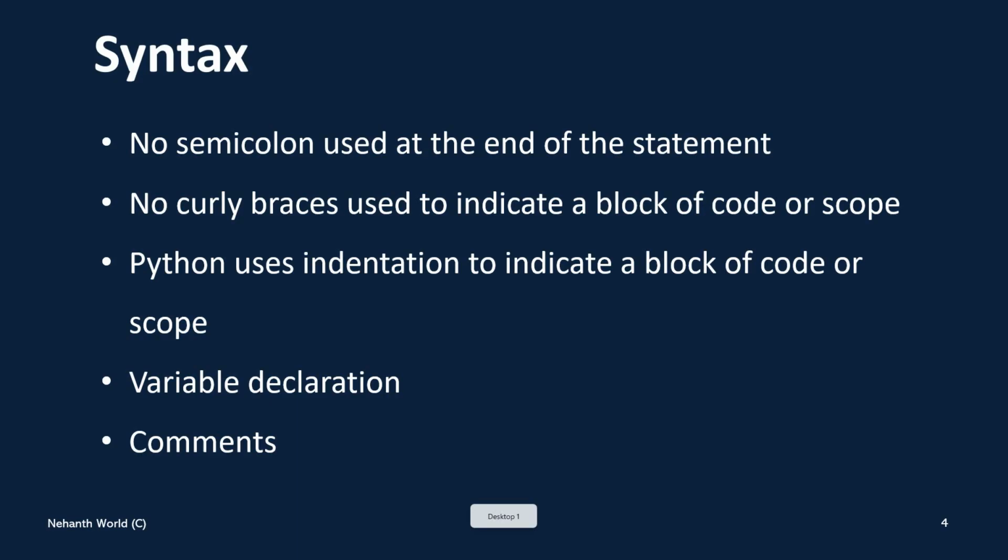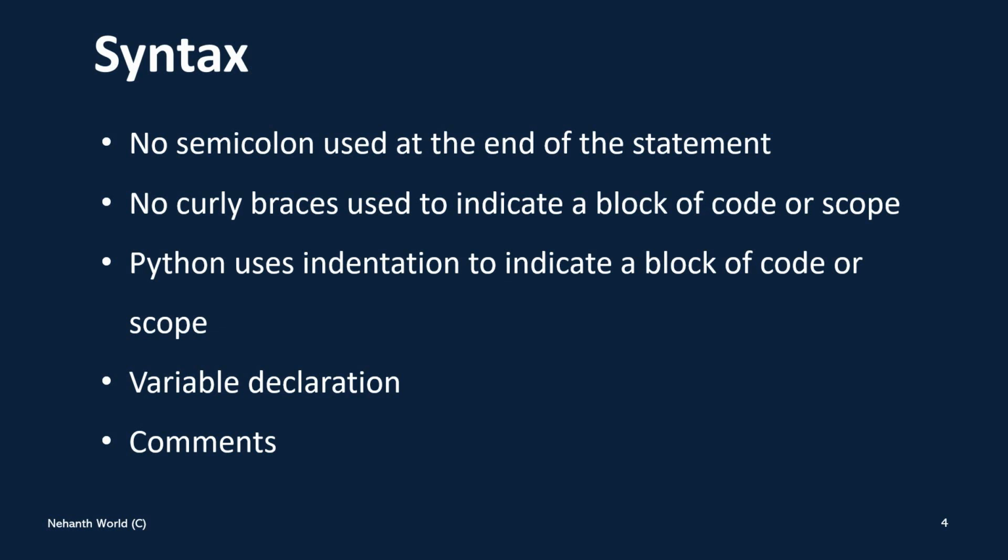The next point is, no curly braces are used to indicate a block of code or scope. Normally, in other programming languages, if you want to indicate an if block, while block, or any method scope, we use curly braces, right? But in Python, we don't use curly braces. Then what do we use in Python?